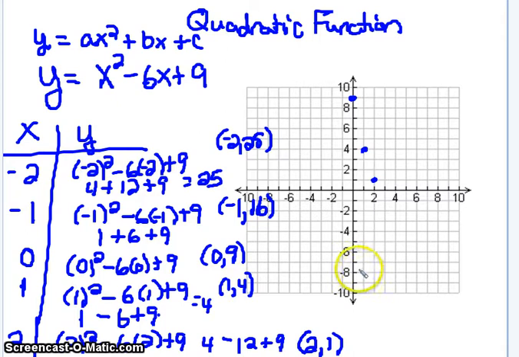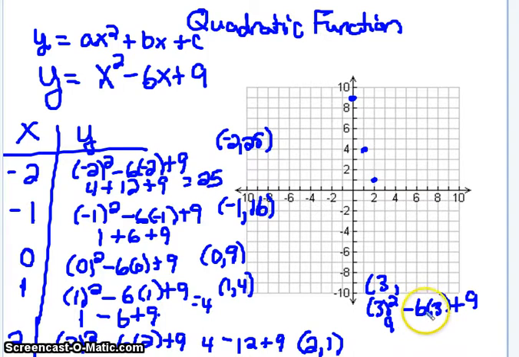I got to see what happens at 3. If I plug 3 in, so my x coordinate is going to be 3, then my y coordinate is going to be 3 squared minus 6 times 3 plus 9. 3 squared is going to give me 9.